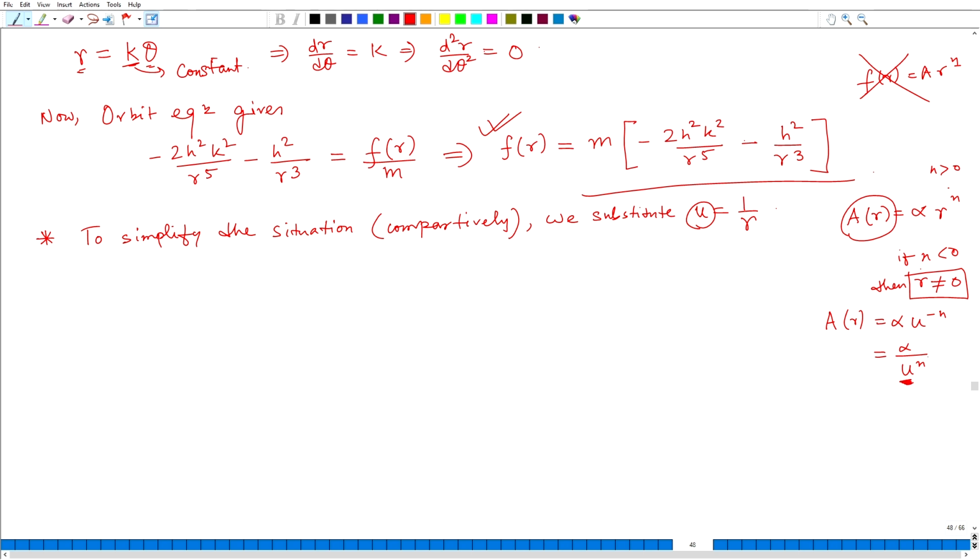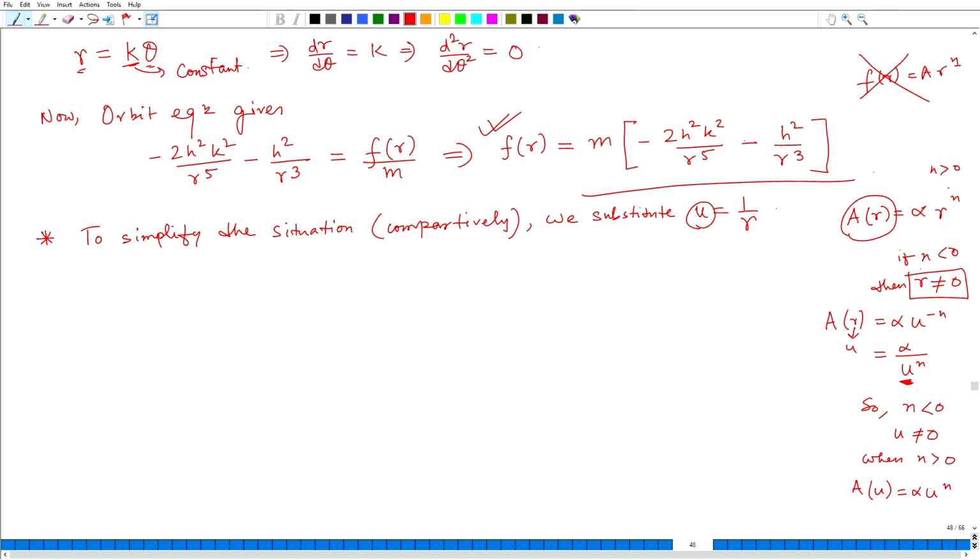So again, the point is that when n is negative, then u should not go to 0. And of course, when n is positive, that means a of u is equal to alpha u to the power n.